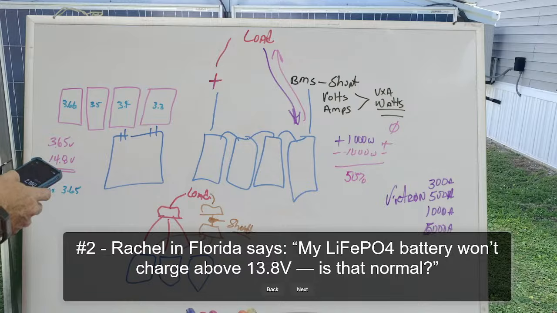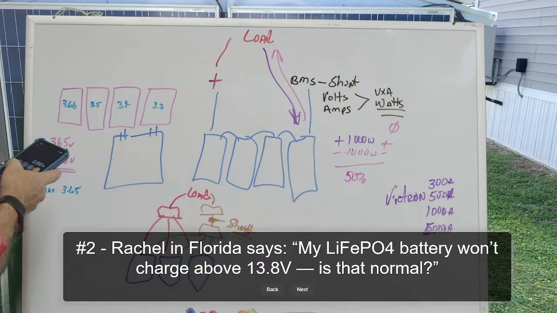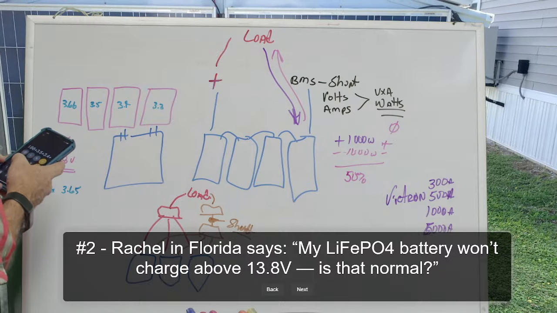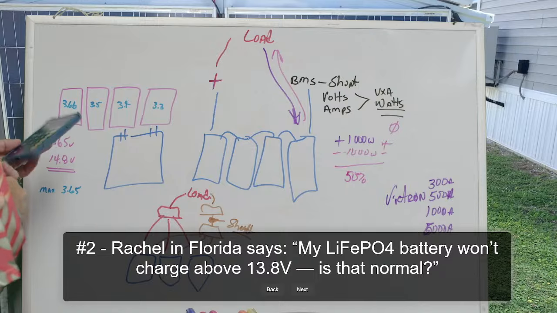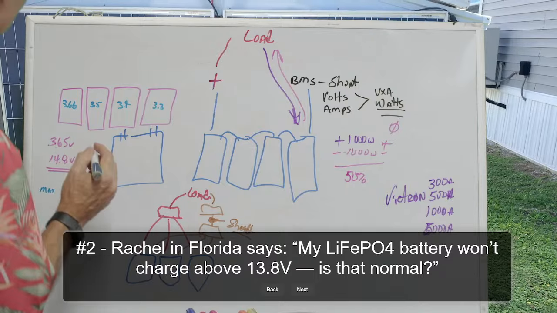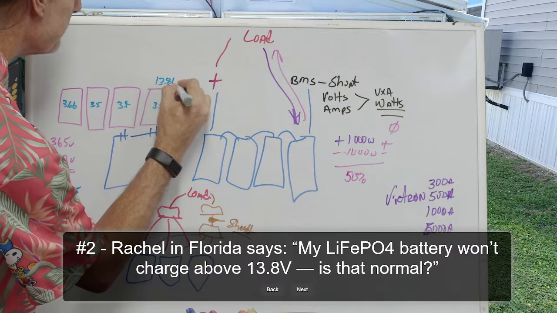Now, I'm guessing at approximate voltages here, but if I add these up, pardon me while I use a calculator, we end up with 13.86, that was pretty close, 13.86 volts.